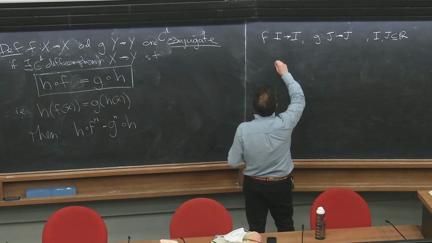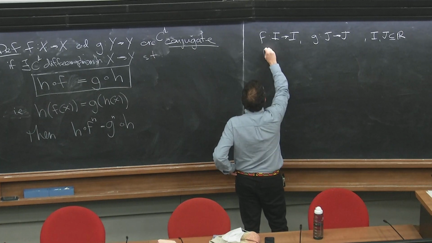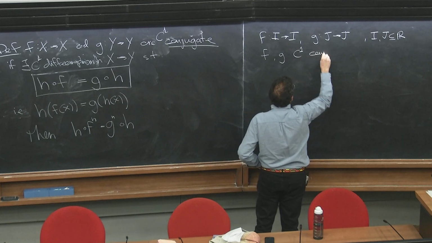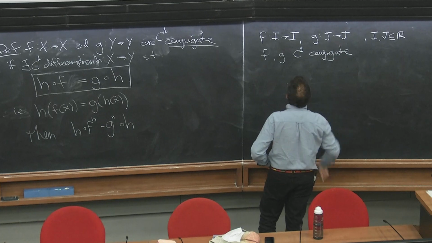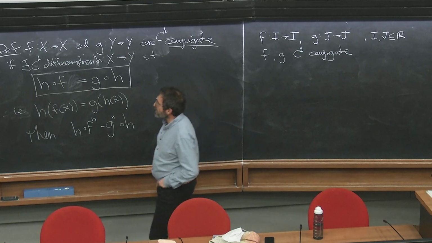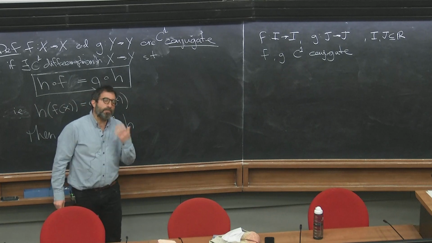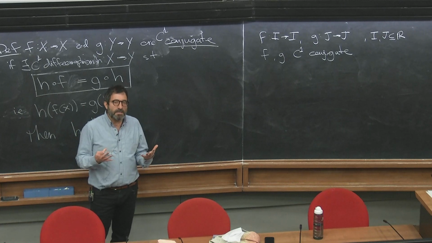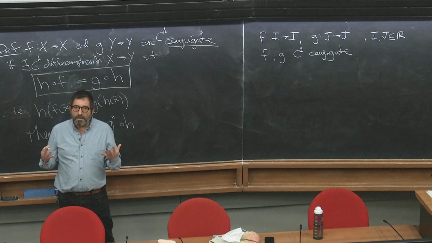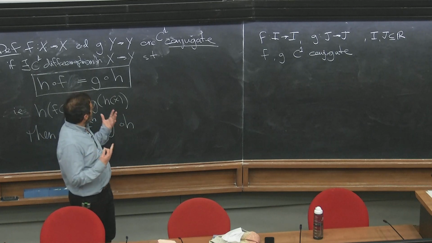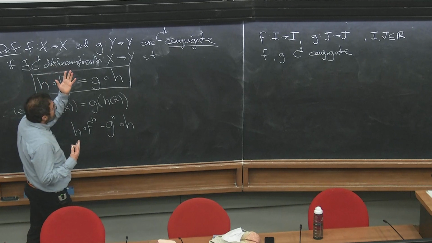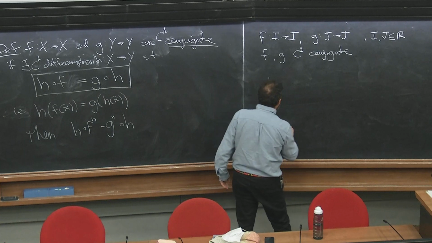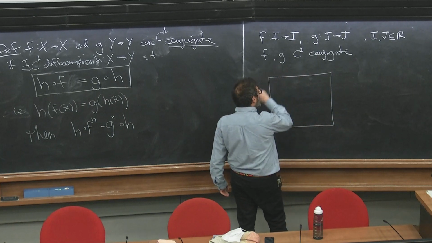If F and G are C1 conjugate, what additional properties of F and G do you think that this C1 conjugacy implies, as well as the properties of C0 conjugacy? Let's look at a particular example that we have discussed, for example, interval diffeomorphisms.